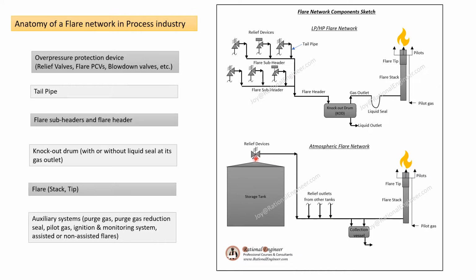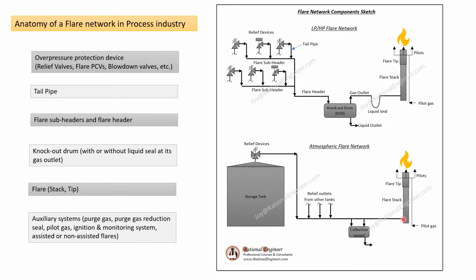These relief devices are expected to release gas or saturated vapors which may or may not condense. In the flare header there is a collection vessel to coalesce and collect any droplets which may have condensed due to the ambient cooling, and then it goes to a flare stack and flare tip where it is combusted.